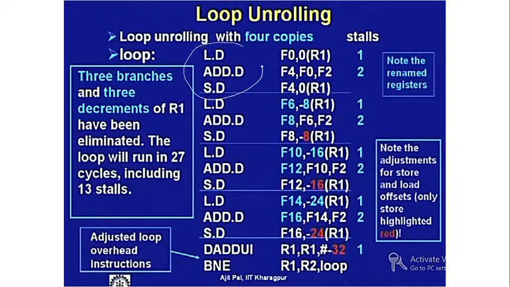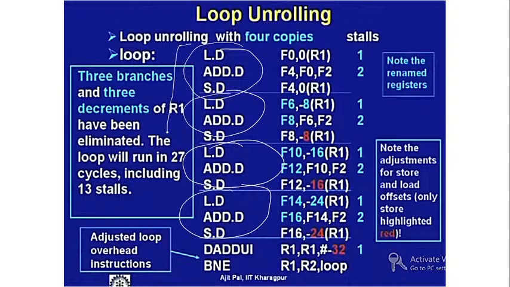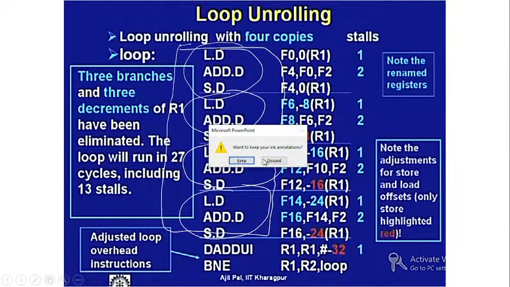This is one copy, second copy, third copy, fourth copy, so that it forms one set of instructions. Here it will get more options. Here 3, 3, 6, 12, there are 12 instructions. So we will get more options.